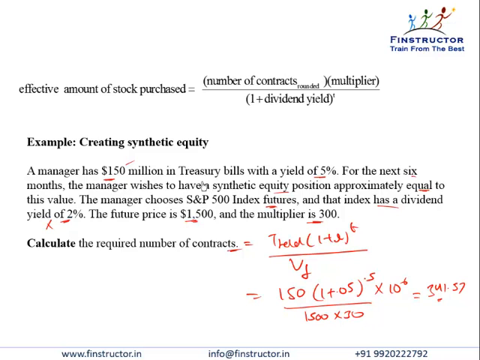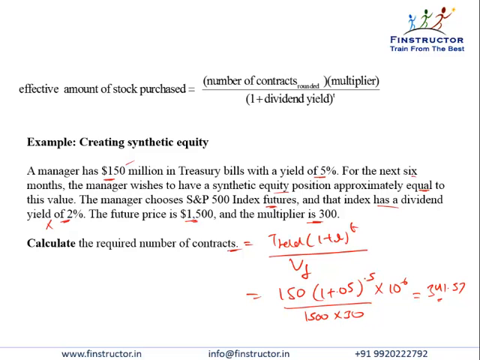If we are asked what is the effective amount of equities that we have purchased, it will actually be this entire amount, the entire $150 million, reduced to the extent of the dividend yield, because taking a futures position gives us the same capital appreciation as the underlying equities would.